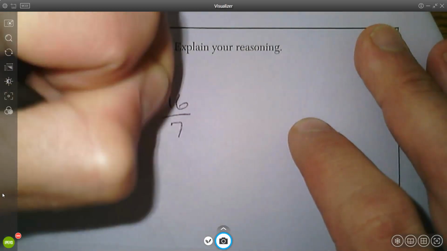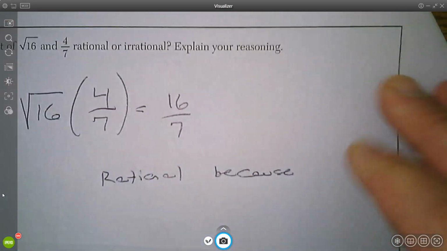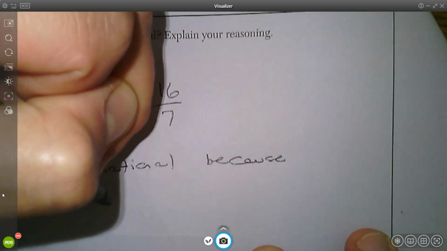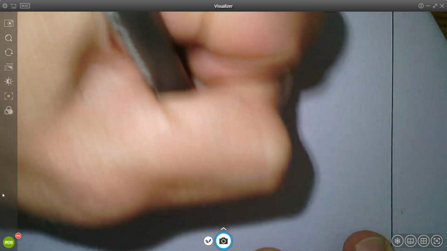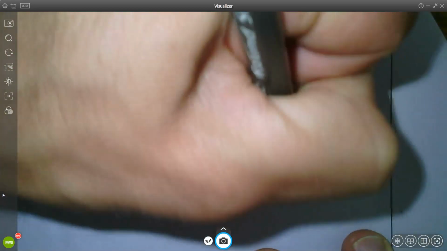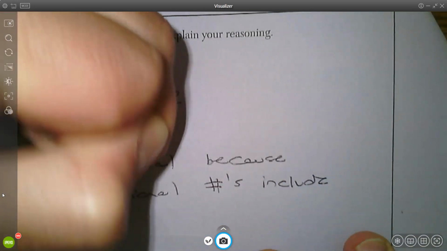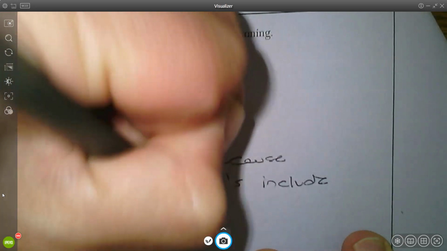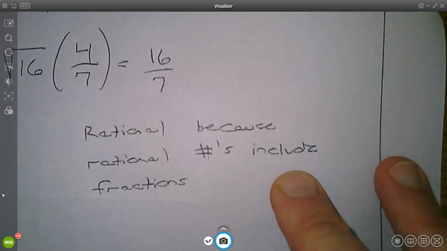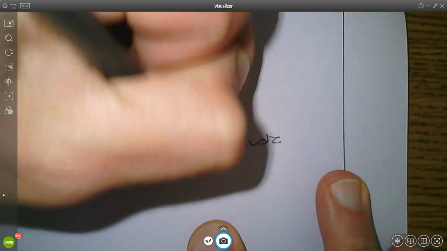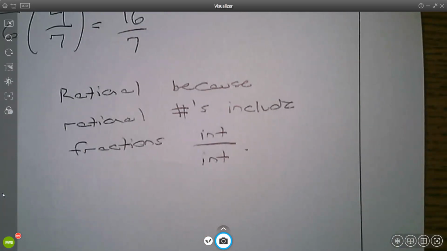So this is rational because rational numbers include fractions. Fractions where you have an integer divided by an integer. And that's what you have here.